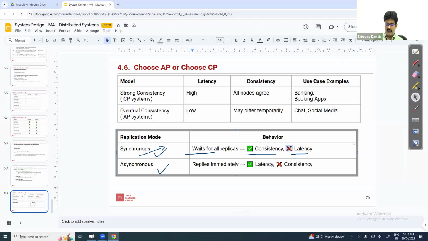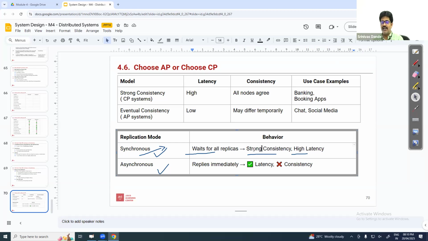Can I say high latency? High latency. And also, can I say strong consistency? About terminology, I'll use this. Waiting means you are getting strong consistency and high latency.